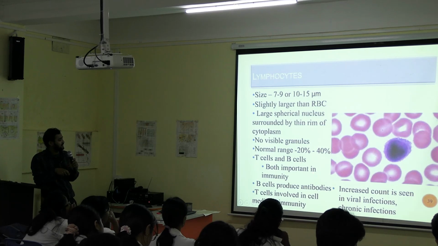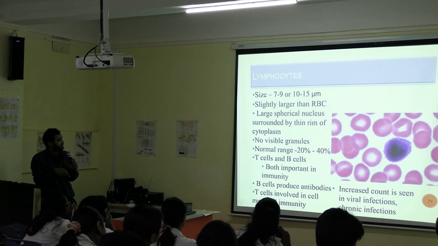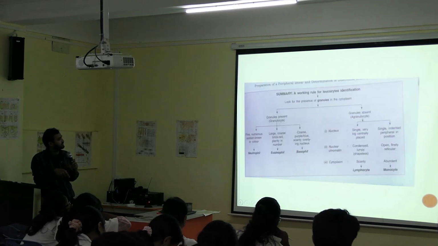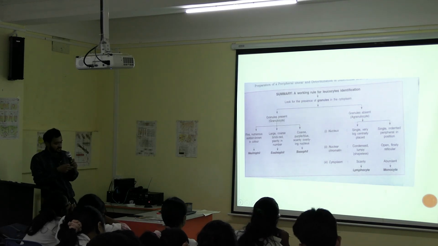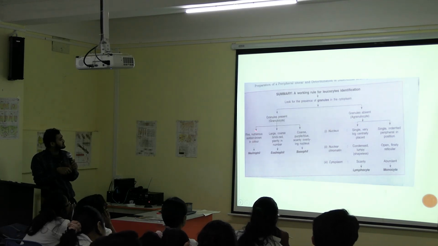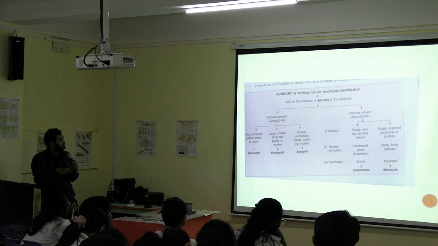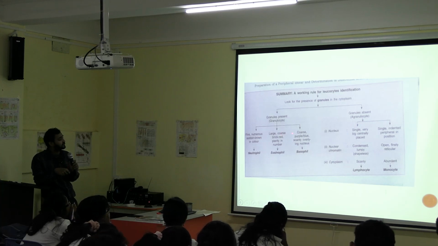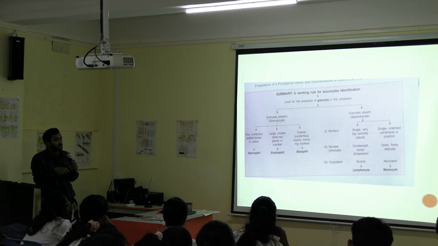There are T type and B type. Both help in immunity. B cells produce antibodies and T cells help in cell-mediated immunity. Increase in viral conditions and chronic infections. This picture is available in your book. How do the granules look, whether fine or coarse? In which cell will there be fine granules?